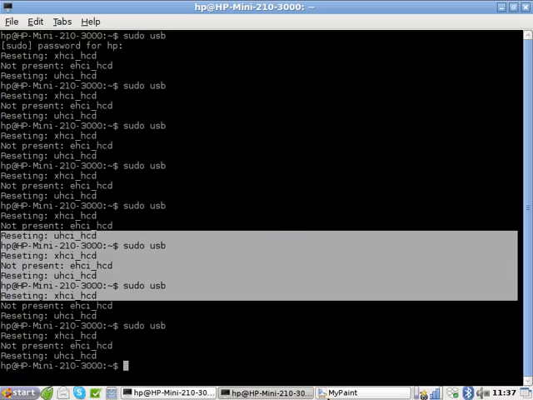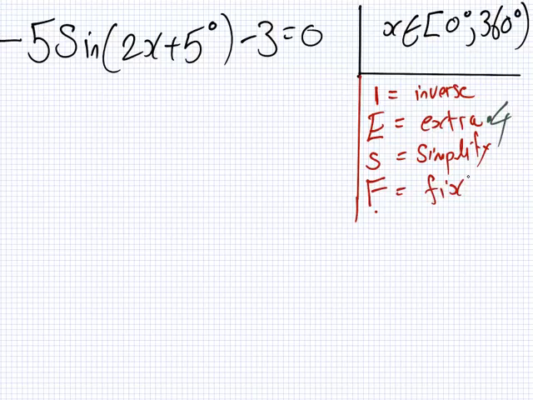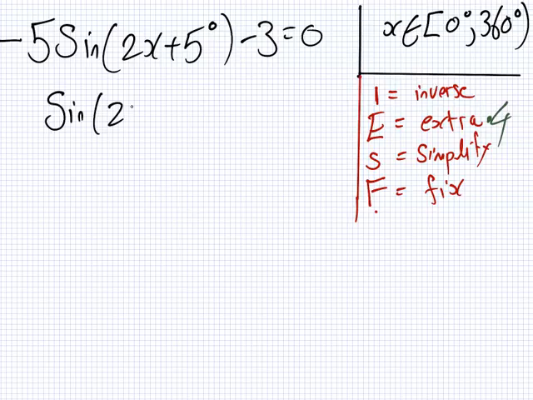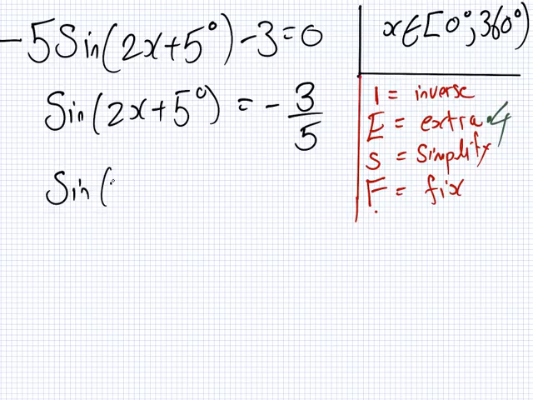Right, so I'm expecting 4 answers here. So the first step is the inverse. So what I mean by that is get it ready so that you can find the inverse on your calculator. So if I take this over, it'll be a 3, and if I divide by -5, I'll get -5 here. So we have sine of 2x plus 5 degrees equals -0.6.